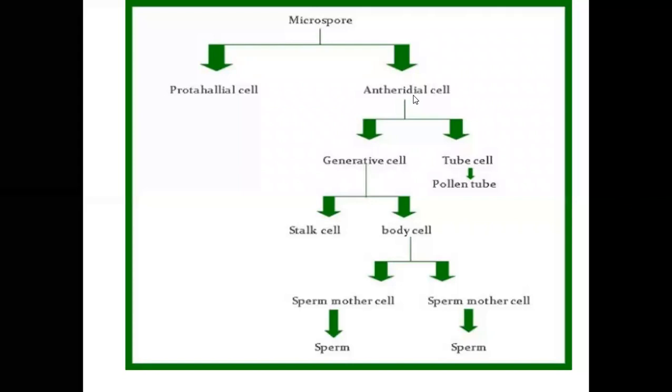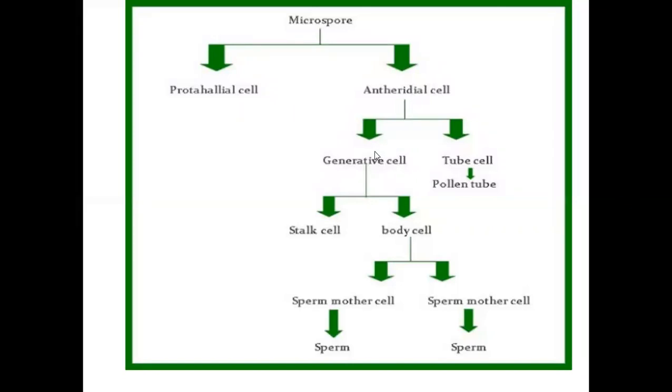The antheridial cell divides to form the generative cell and tube cell. Finally, how many cells are here? Prothalial cell 1, prothalial cell 2, generative cell and tube cell. Total 4 cells are present in the pollen grains. The 4-celled pollen grains are deposited on the female cone axis.